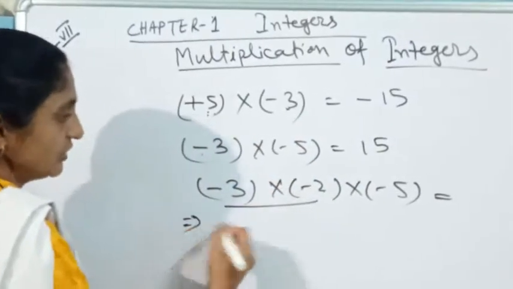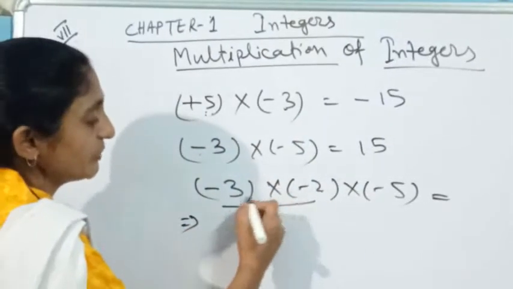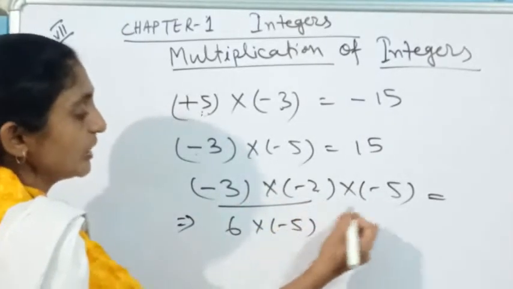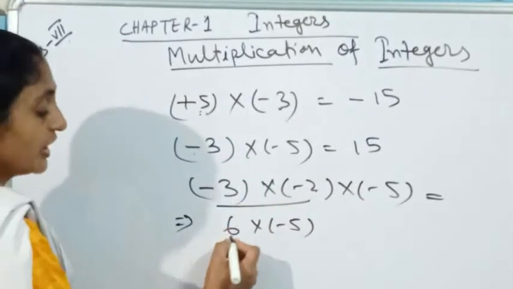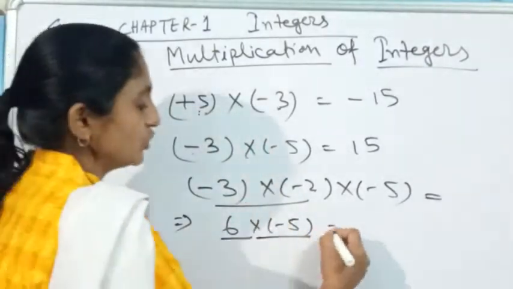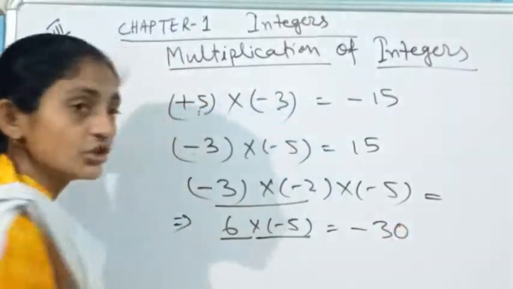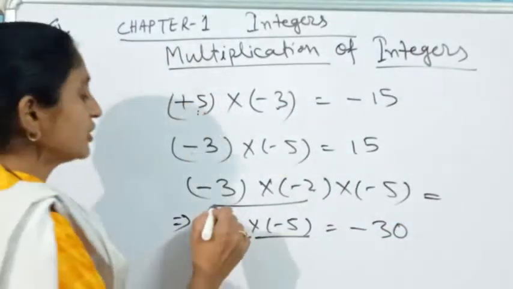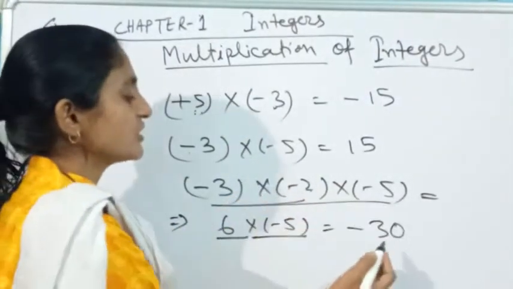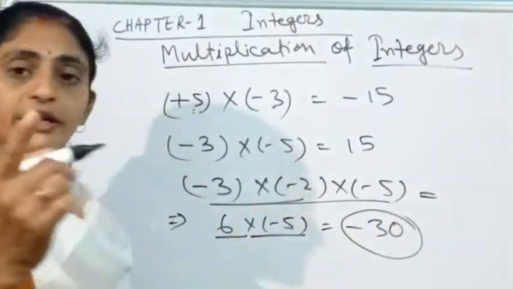Okay, let me write it by steps. When I am multiplying these two, it will become 6, and now it will be multiplied with minus 5. So here you are getting one positive integer and one negative integer, and their product will be minus 30. So up to that you have understood that if we are taking three negative integers, the product will be negative.